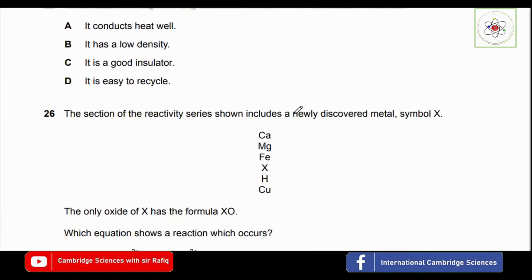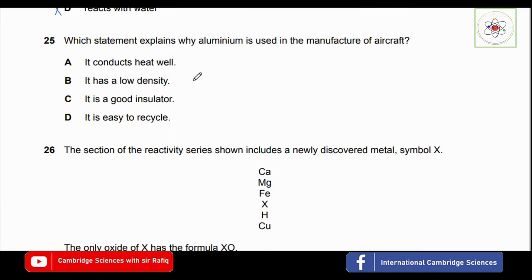Which statement explains why aluminum is used in the manufacture of aircraft? So it conducts heat well. Yes, it does conduct heat well, but this is not the related property for the manufacture of aircraft, right? So it has a low density. Yes, this is the property.